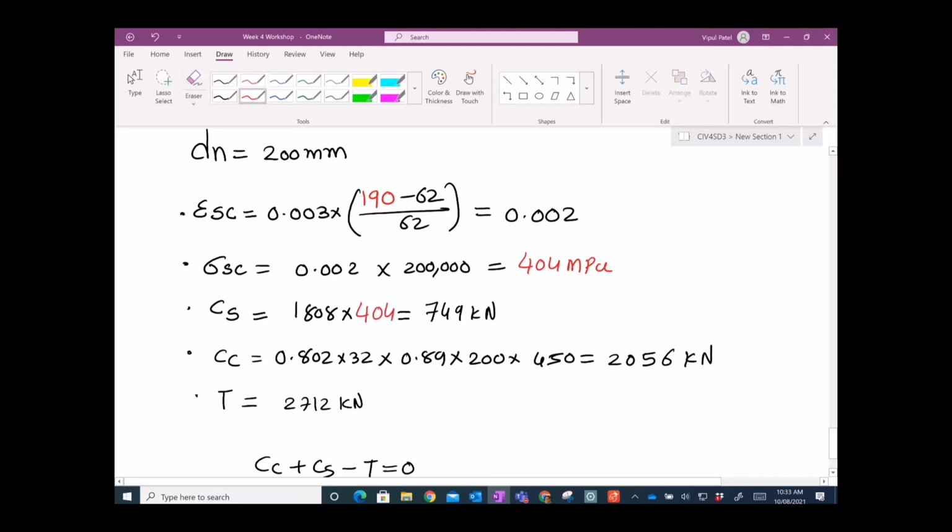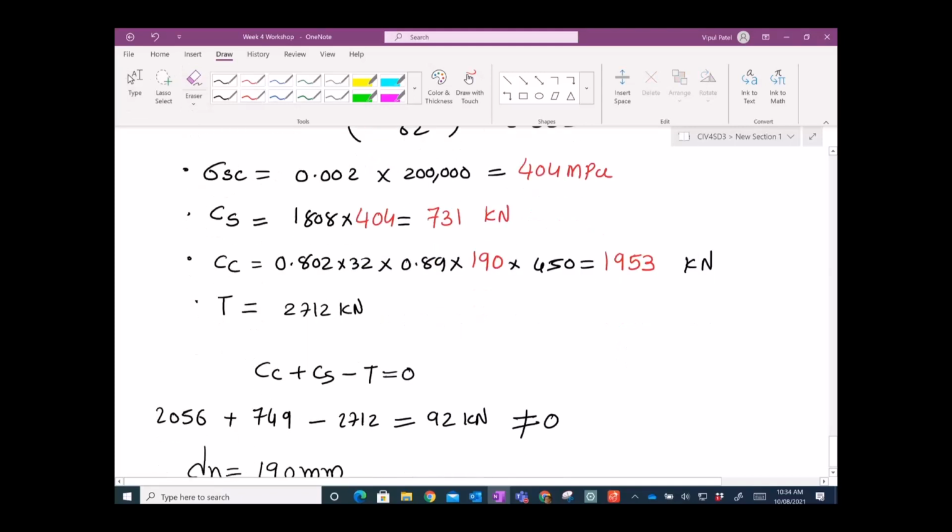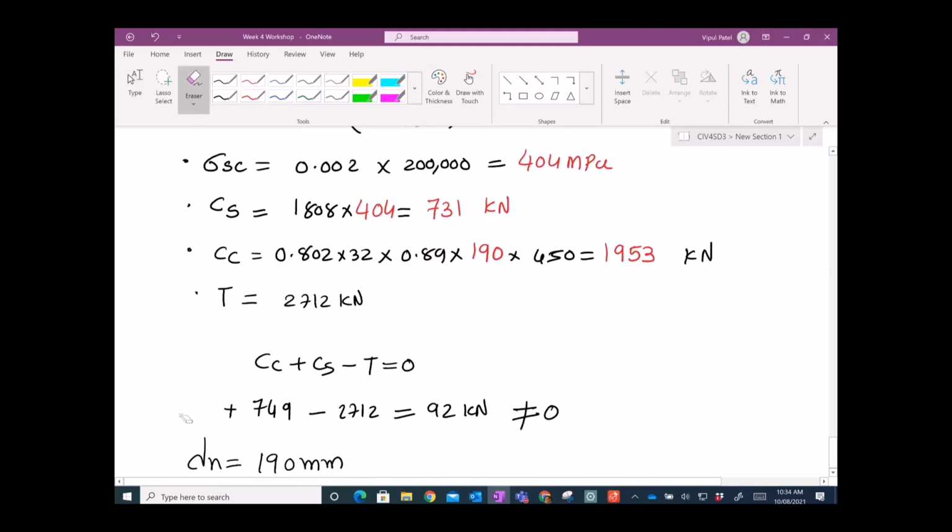So you will get 731 kilonewtons. Right, and here we have to change 200 to 190, right? That's the change. And if you do that one, you will get 1953 kilonewtons. So let's try again.